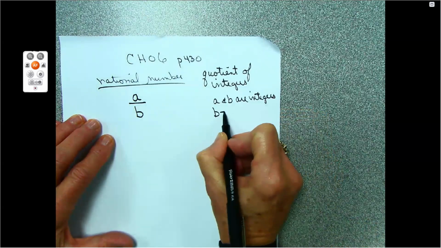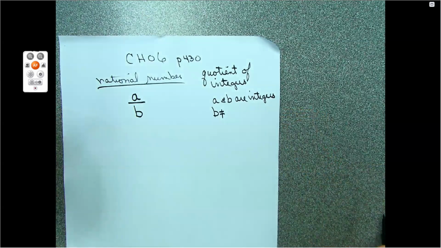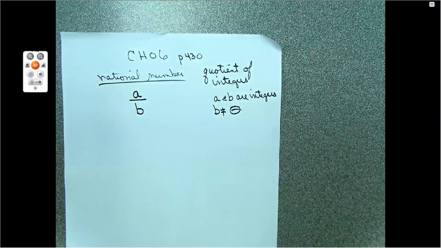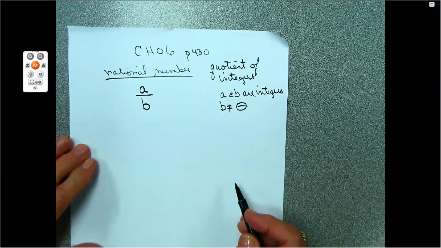But B cannot be equal to 0. Whenever we're dividing, we always restrict the denominator. We cannot divide by 0. Division by 0 is undefined. So as long as your denominator is not 0, then we have our definition for a rational number.